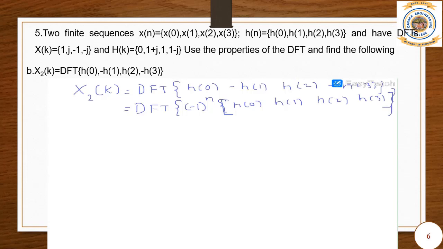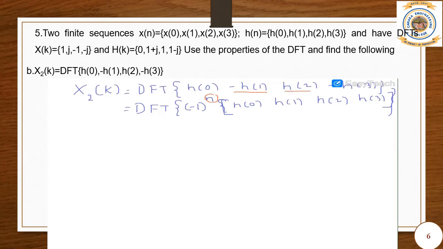As you can see here, when n value is equal to 0, it is 1, so it is h of 0. When n value is equal to 1, then it is minus 1 multiplied with h of n, you will get minus h of 1. When n value is 2, it is plus 1 multiplied with h of 2, you will get plus h of 2.